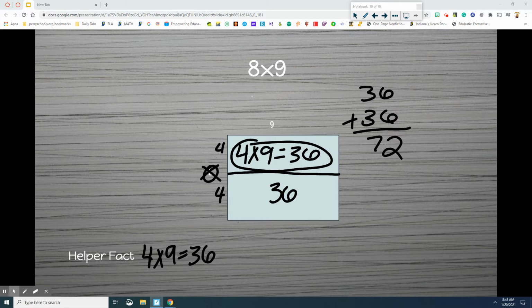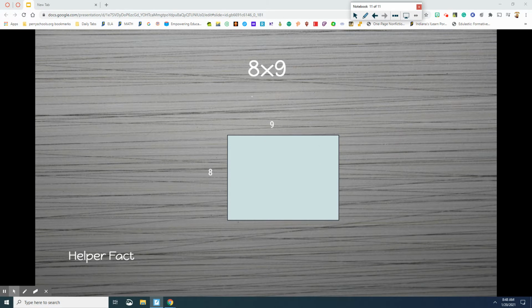Now, if you don't know 9 times 4, another way that you could do it is to look at the facts and see if we can find one that is close. So instead of doing 8 times 9, I'm going to do 8 times 10, and that equals 80. But I don't need 10 groups of 8, I need 9 groups of 8.